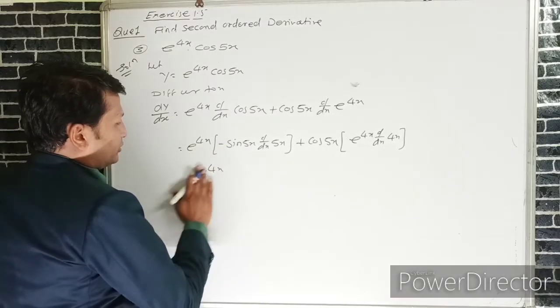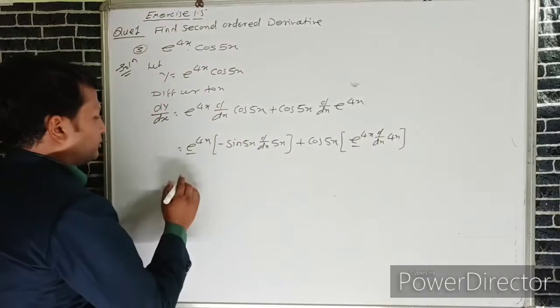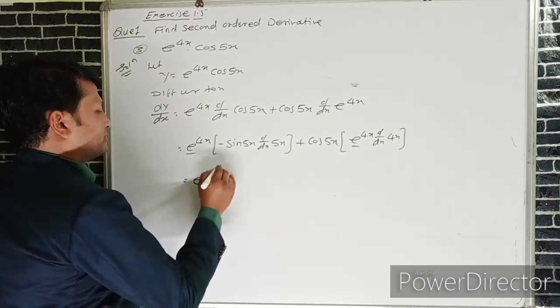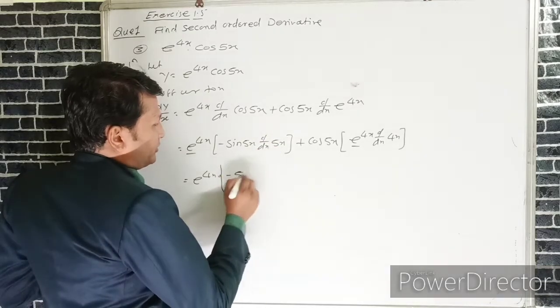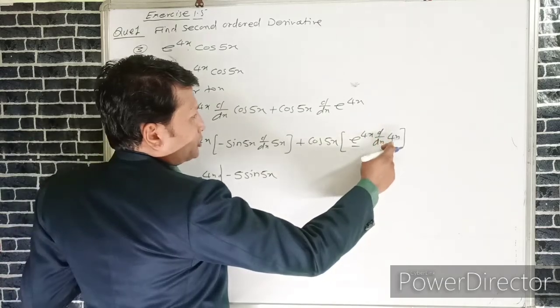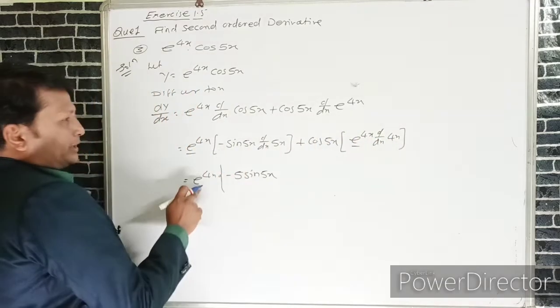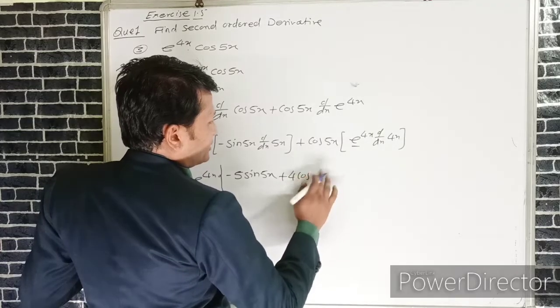If we take e to the power 4x common from both terms, we can write e to the power 4x into the derivative of 5, which is 5, minus 5 sin 5x, plus the derivative of 4x, which is 4, with e to the power 4x taken common, 4 cos 5x.